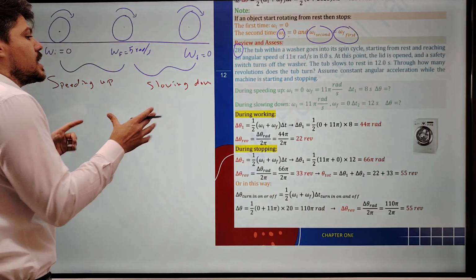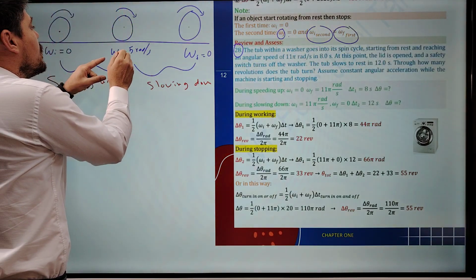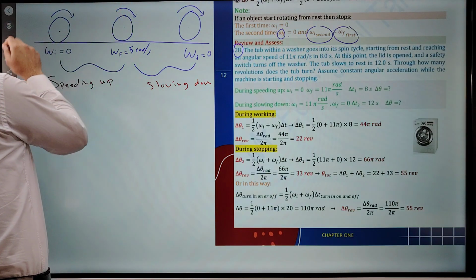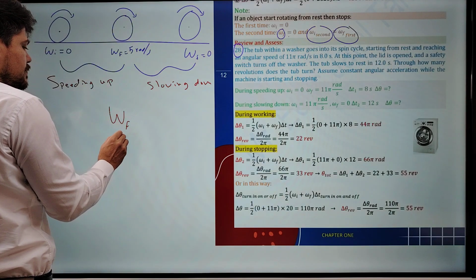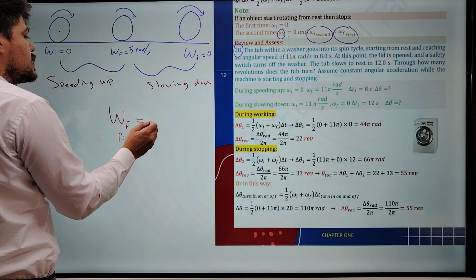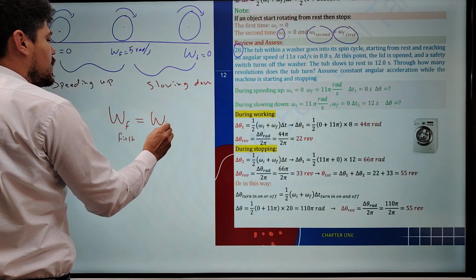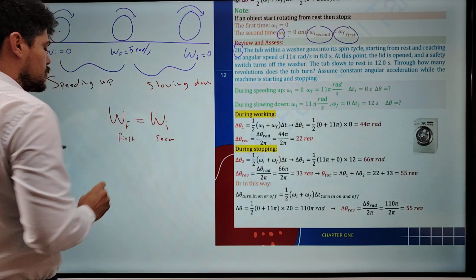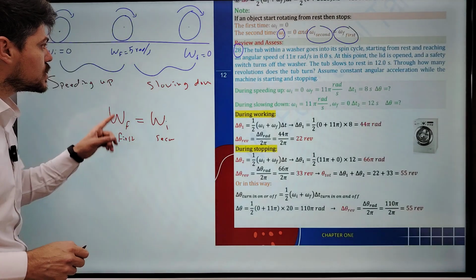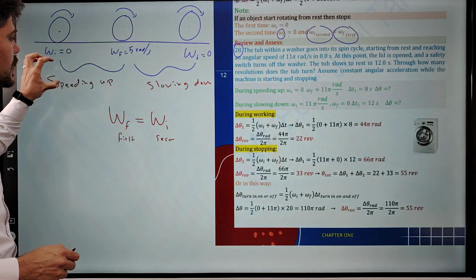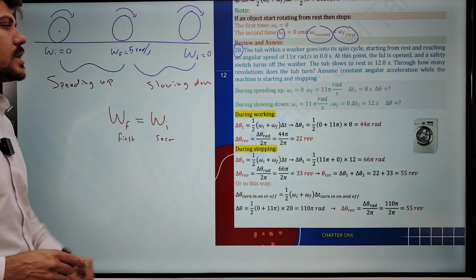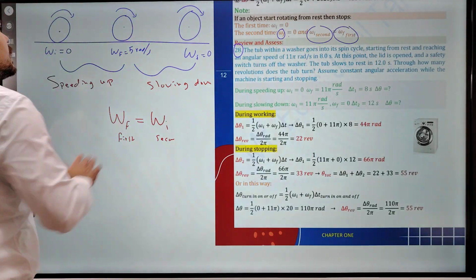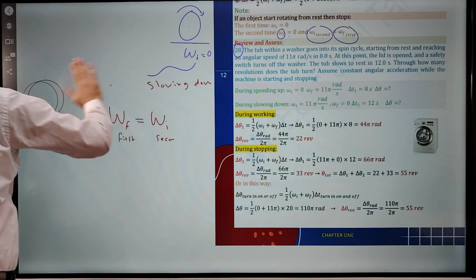But in the second case, slowing down, omega final of the first case is equal to omega initial in the second case. Which means that the final angular speed during speeding up is equal to the initial angular speed during slowing down. Okay? So this note is very important, be careful.